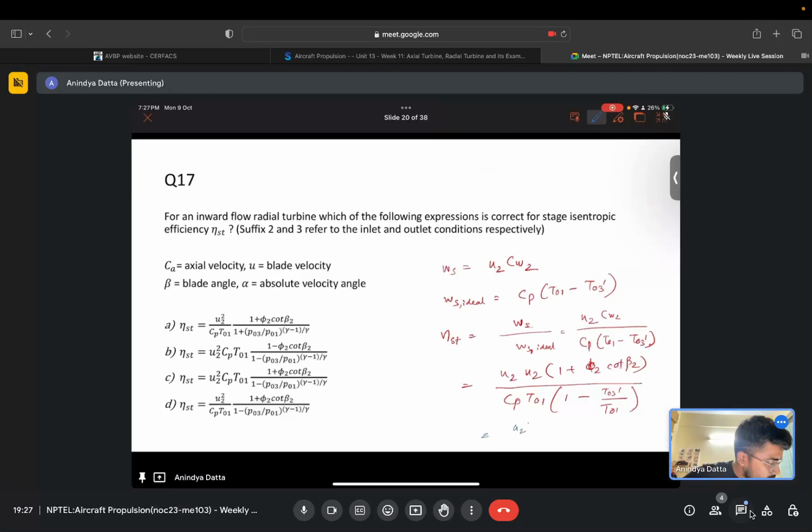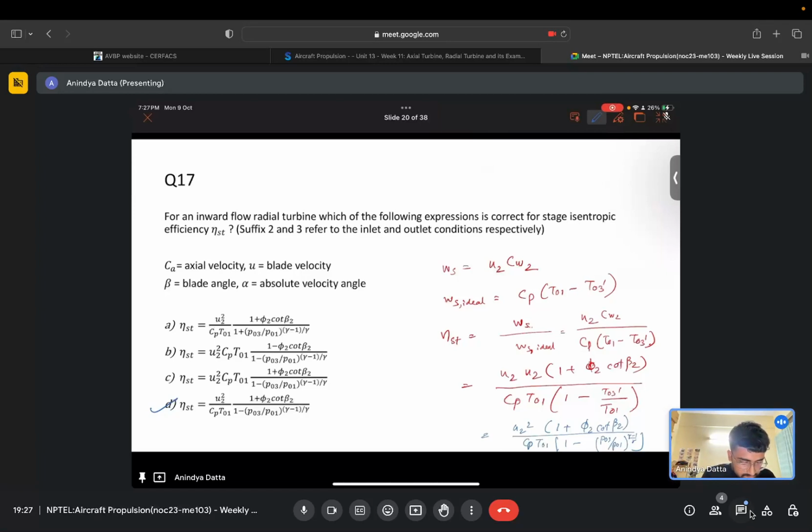So we get U2 square into (1 plus phi 2 cot beta 2) in the numerator, and in the denominator Cp T01 into 1 minus (P03 by P01) to the power (gamma minus 1) by gamma. So option D is the correct answer. This is just the derivation part of it.